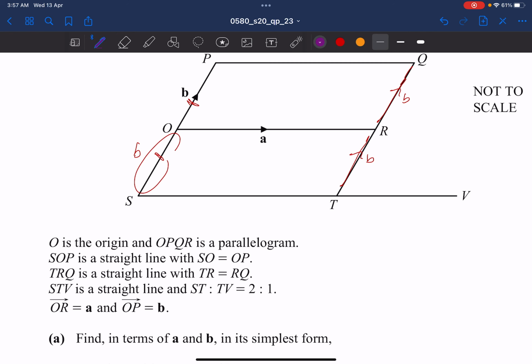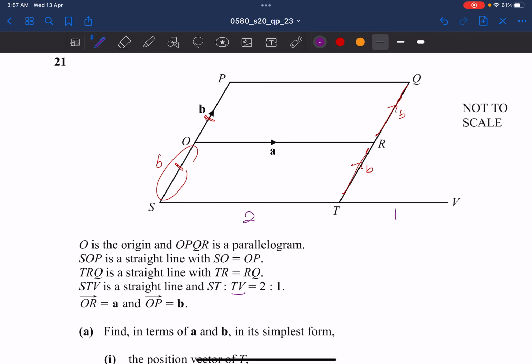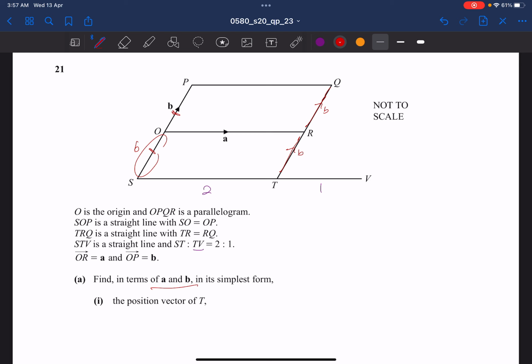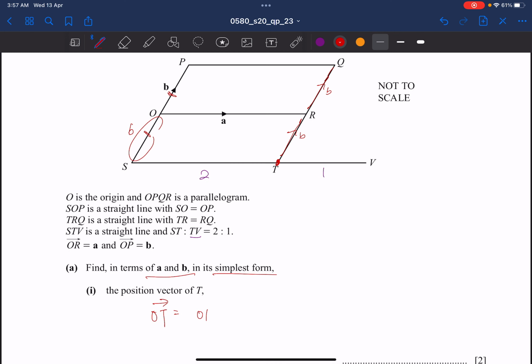STV is a straight line and ST to TV is 2 to 1. OR is A, and OP is B. Find, in terms of A and B in the simplest form, the position vector of T. So the position vector of T means OT. OT means OR plus RT.